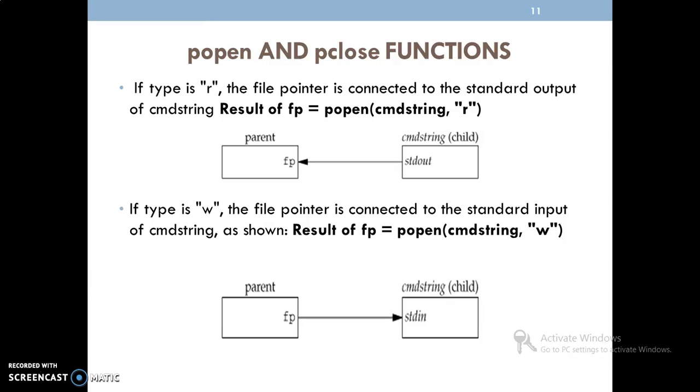Whatever output we get from it, we write to the standard output file pointer that we read, which is what r indicates. In the second case, if type is w, the file pointer is connected to the standard input of the command, which is expecting some input from the keyboard. In that case the file pointer acts as a command pointer, so that is the reason we take w here.